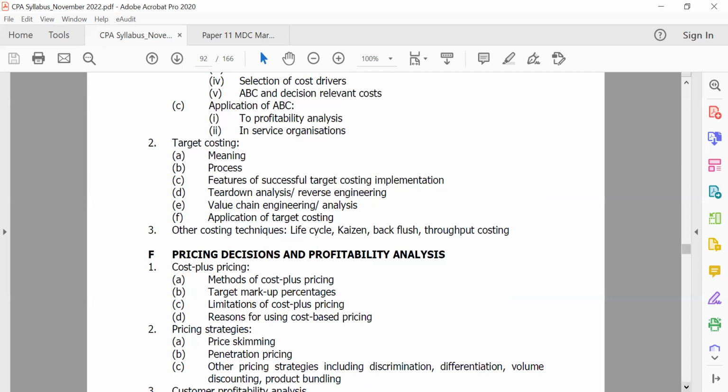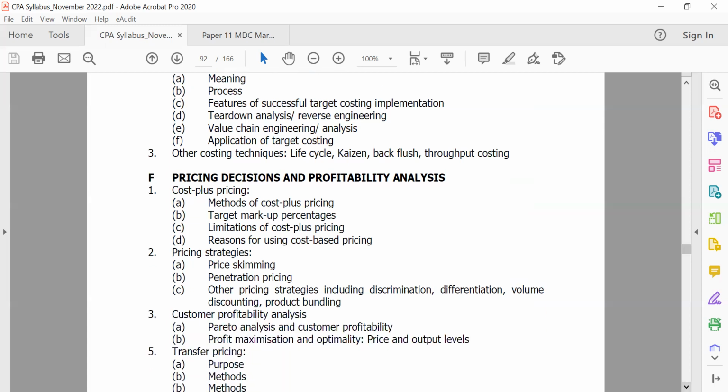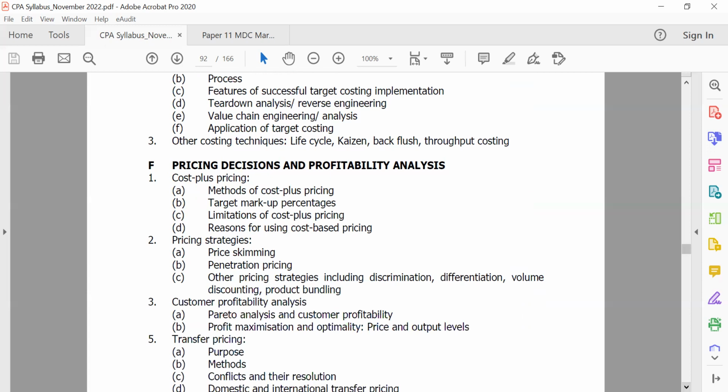Why is Coca-Cola selling at 1,000, and why do they sell another bottle at 4,500? How does that all come into the picture? This is where we shall understand the different pricing strategies. When you're entering the market, are you entering with penetration pricing? Are you entering with price skimming? How does that link into your decisions as a business?